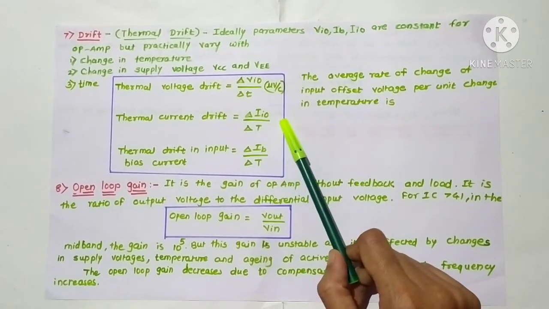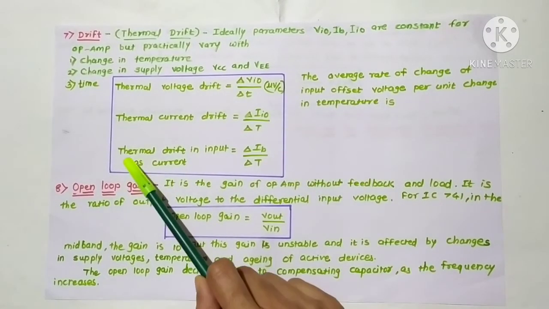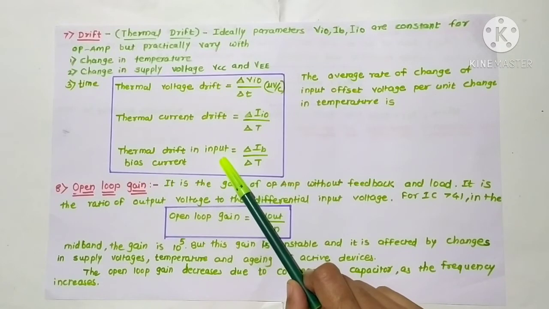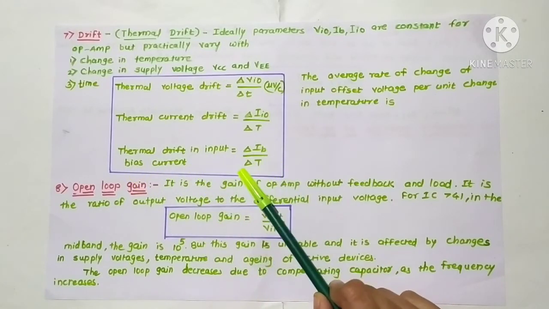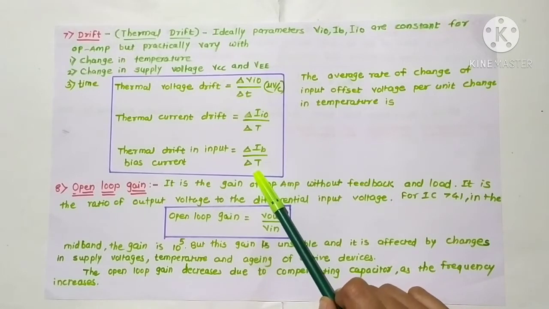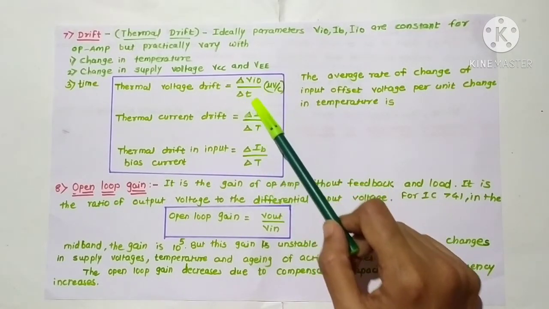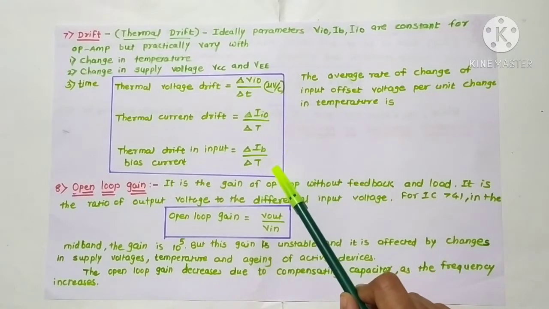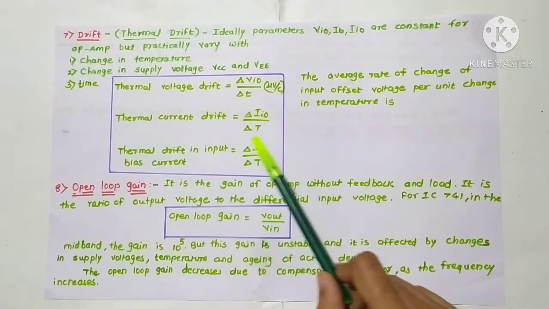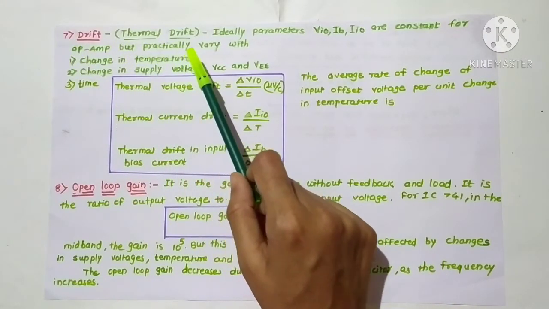Its unit is microampere per Celsius, and thermal drift in input bias current is given by delta IB upon delta T. In all three relations there is a delta T in the denominator, so this drift is related to temperature, hence the name thermal drift.